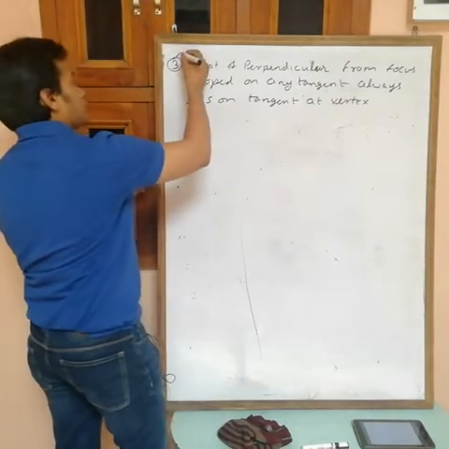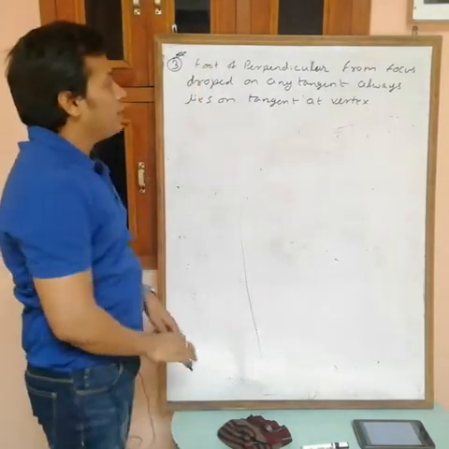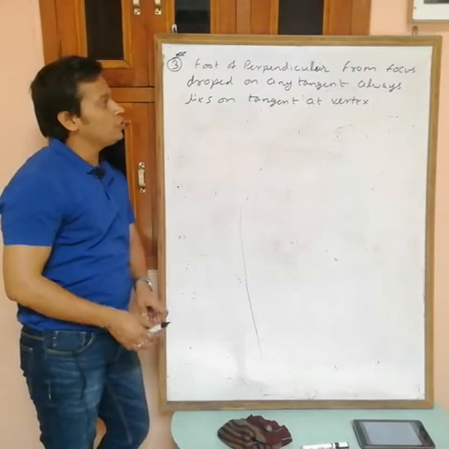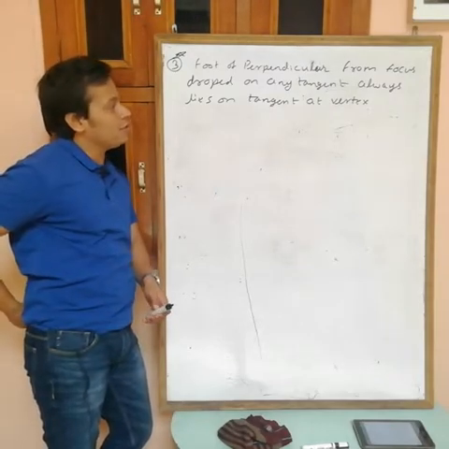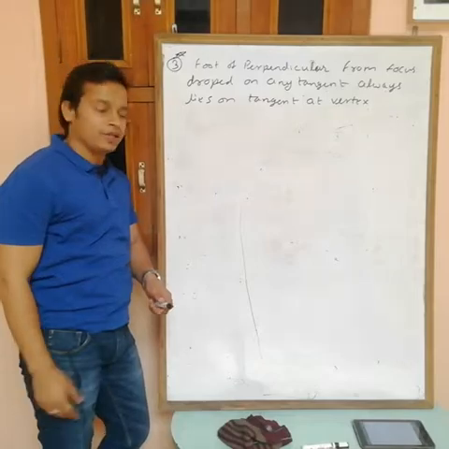Okay, foot of perpendicular from focus probed on any tangent always lies on tangent at vertex.